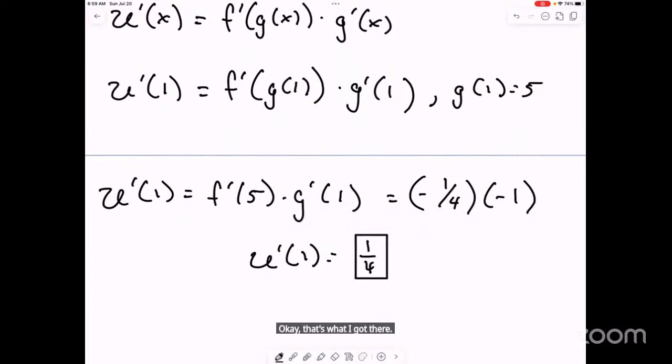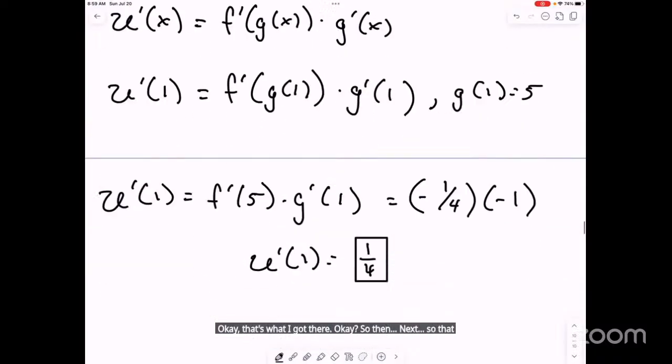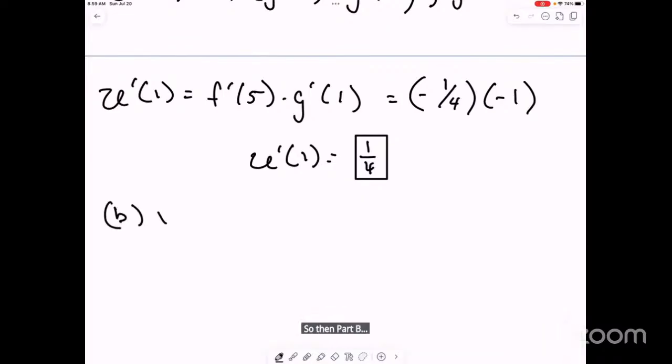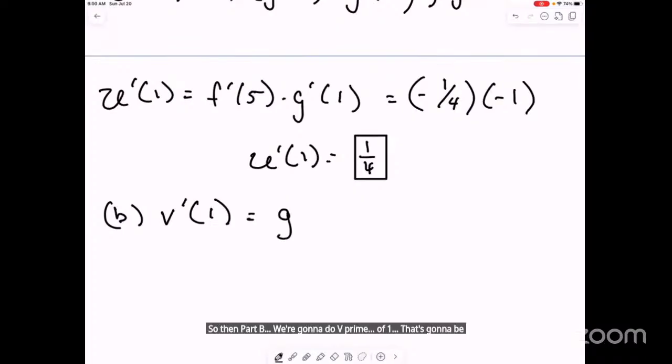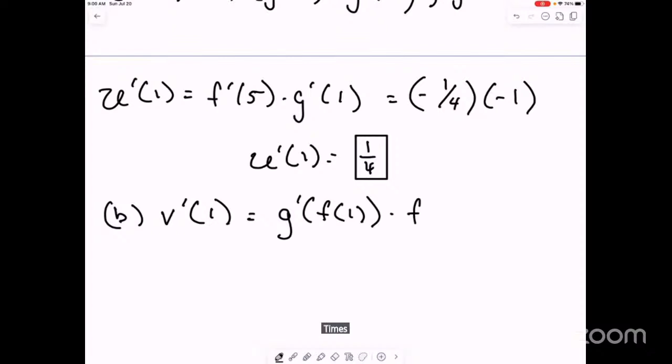Okay, so that was part A. So then part B, we're going to do v prime of 1. That's going to be g prime of f of 1 times f prime of 1.